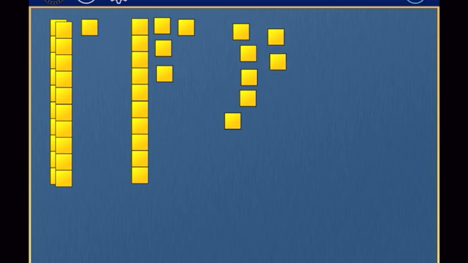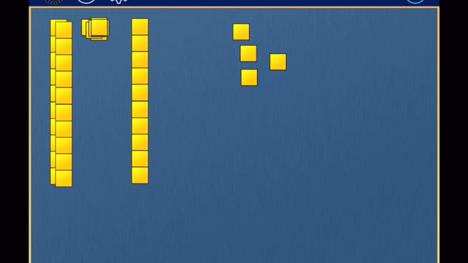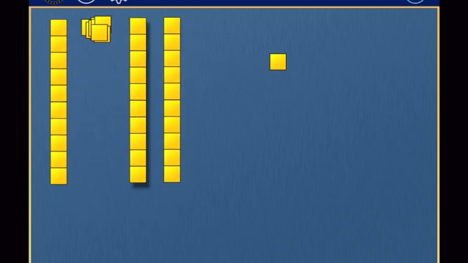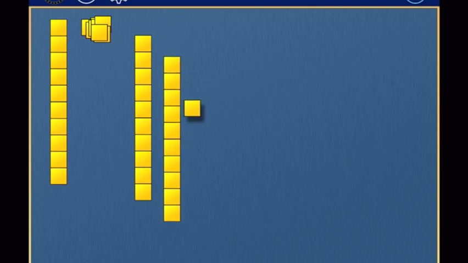So if I counted 10, 11, 12, 13, 14, 15, 16, 17, 18, 19, 20. Oh, wait, that's a new 10. I can regroup all those ones I just counted up to 10 for another 10 rod. And I am left with 10, 21.